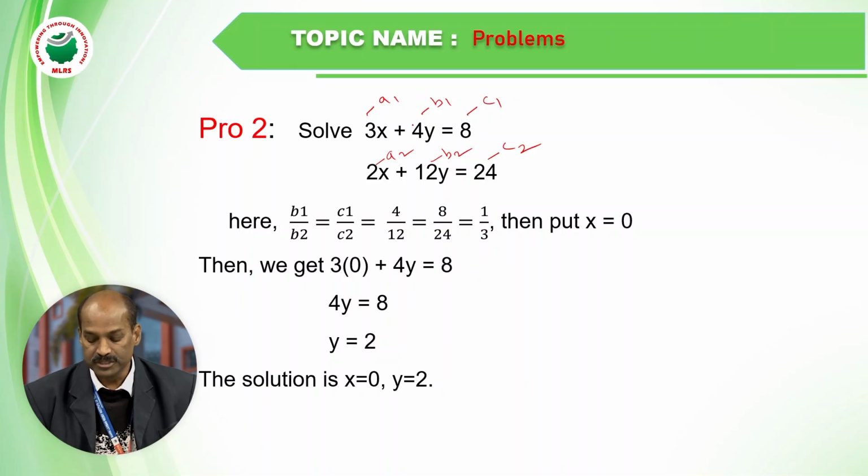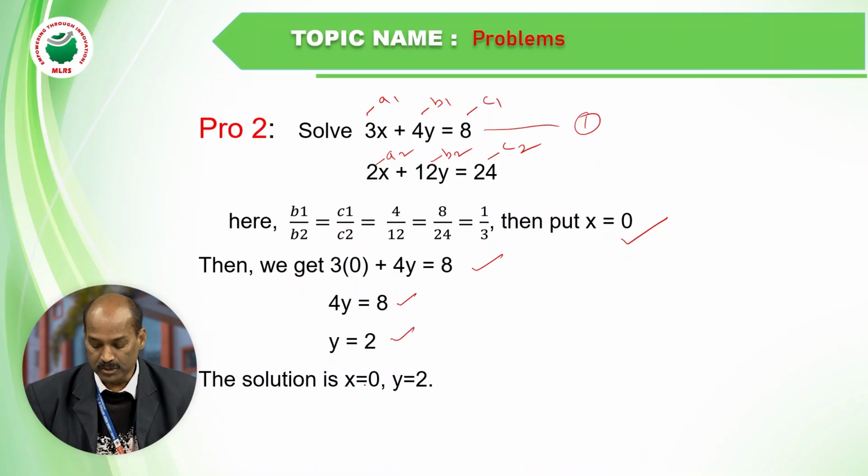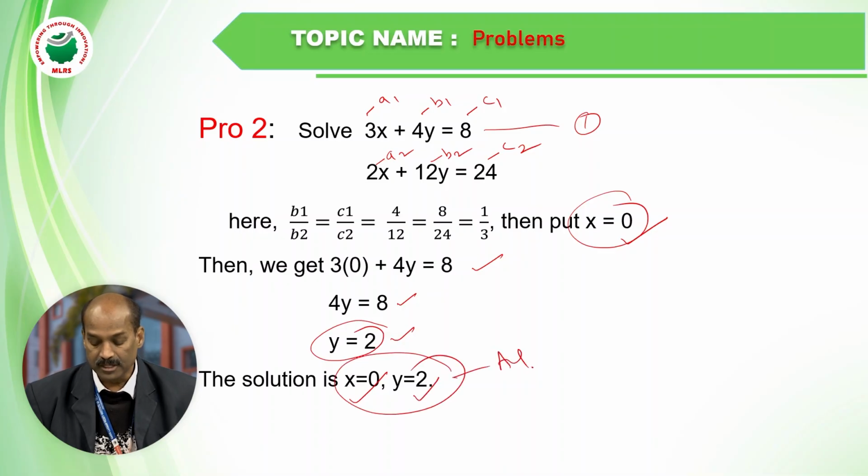So in this case, we used y coefficients. That's why the other variable is x. Therefore, put x equals 0 in equation 1. Substitute here: 3 into 0 plus 4 into y equals 8, so 4y equals 8 and y equals 2. Therefore, the final solution is x equals 0 and y equals 2. This is the final answer to the given system of simultaneous linear equations.